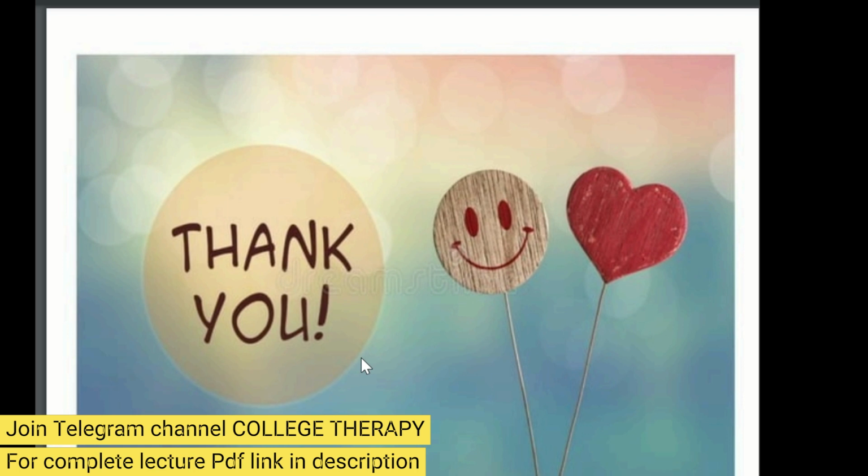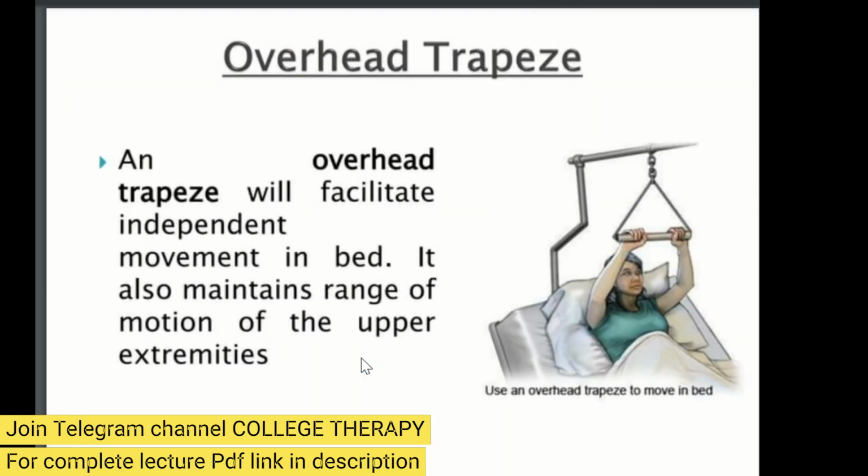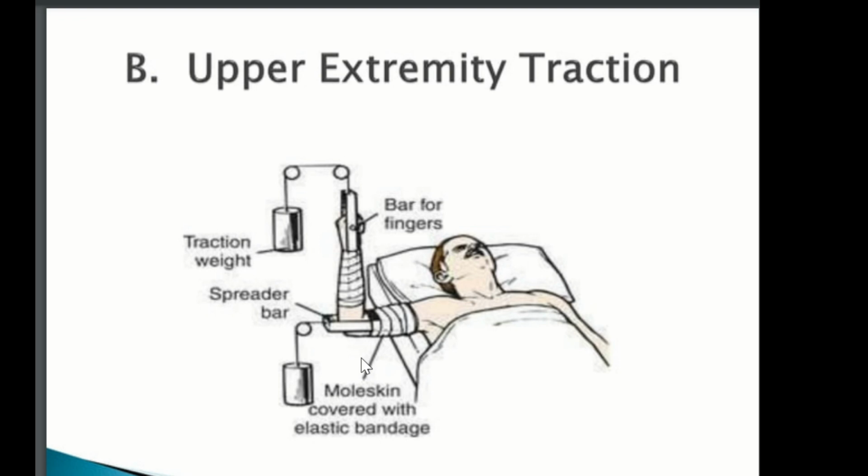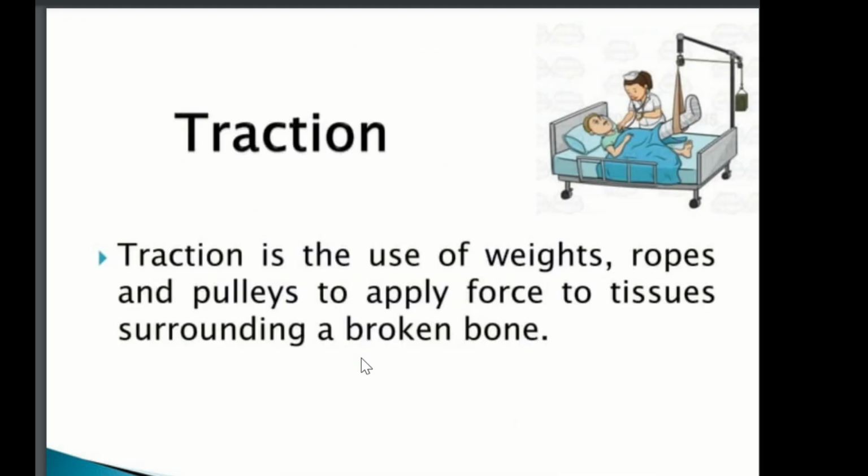Thank you so much. This is all about traction, and in the previous video you can see all about fracture. In this or the previous video you can see the types of traction, upper and lower traction.